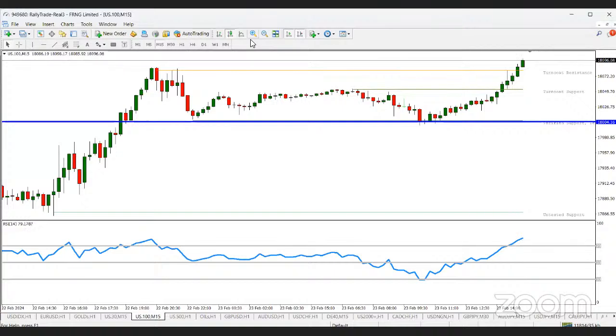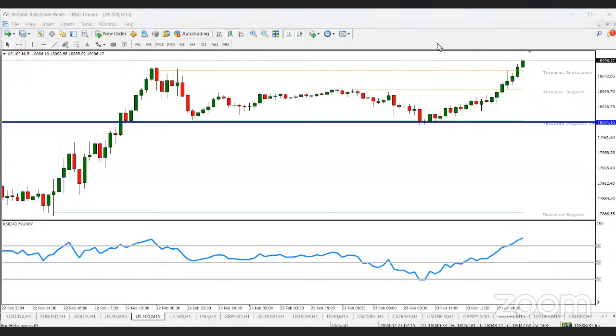So what I want to wait for with US 100 and these guys is around 18,000. I can look out for a buy from around 18,000. So hopefully it retraces back down to 18,000 and then I can look out for a buy from that point, right? But there's a lot of bullish pressure in these guys.